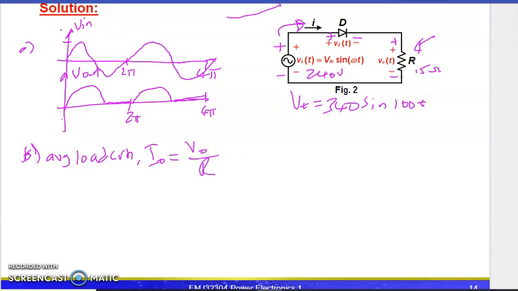We have V average over R, which is required to calculate the average load current, but we have only V peak.